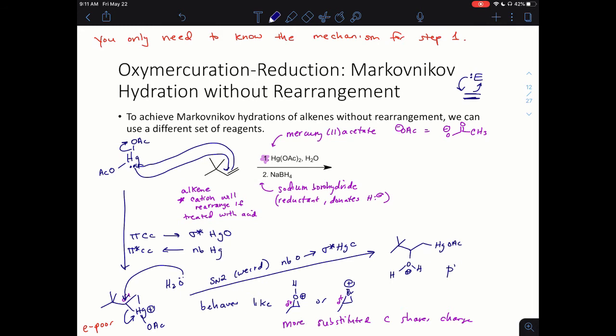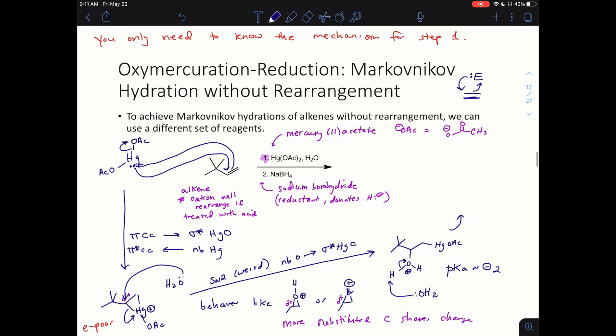You can guess it has a pKa of about -2. It looks like a crazy protonated alcohol. So it will be deprotonated by water. So there's a proton transfer step here. So we have the OH bond installed, and then we have this carbon-mercury bond. So this is the end of what you need to know for step 1.